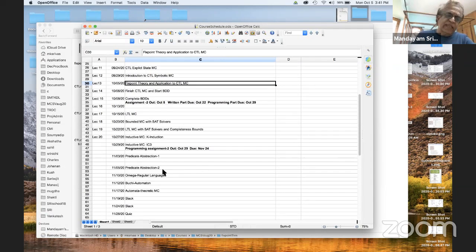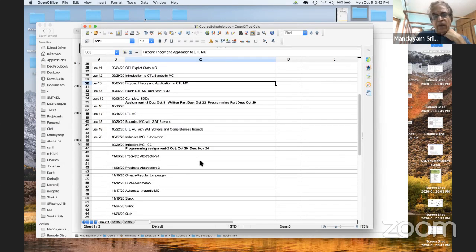I'm de-emphasizing this in this course. I'm covering more symbolic model checking and less automata theoretic model checking, because there are several courses offered here on automata based verification, and you will get an exposure.